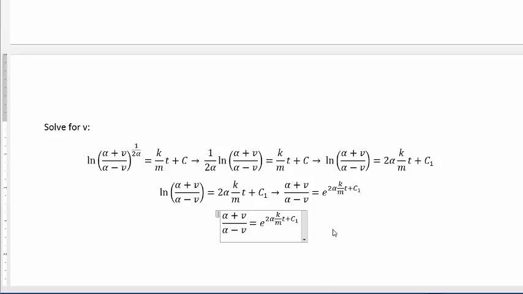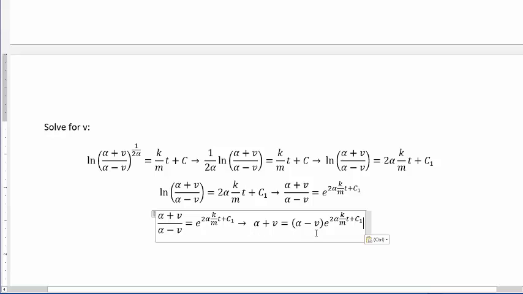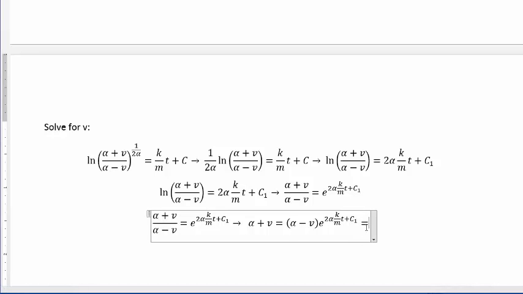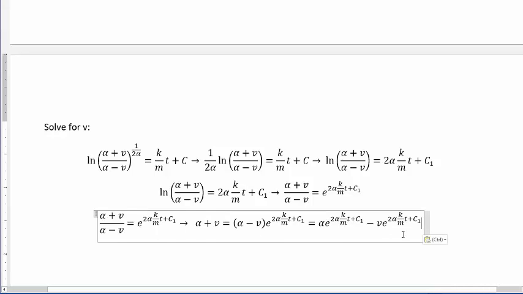So when we do that, we're going to distribute the e power so that we'll have an equal sign over here, and we'll have alpha times e to this big mess minus v times e to that big mess.